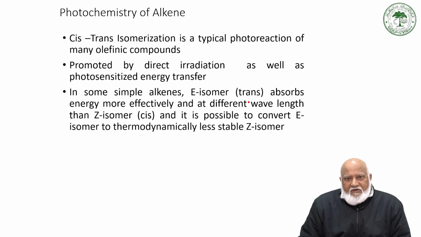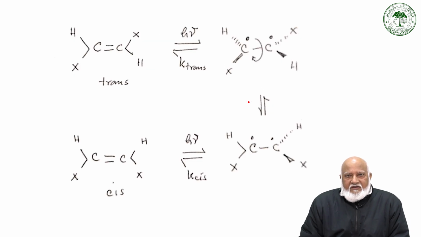So, in some simple alkenes, the E isomer, that is the trans isomer, which is more stable, absorbs at a different wavelength, and hence it is possible to convert the more stable E isomer to the less stable Z isomer. And in the coming few slides, I am going to concentrate on the photochemical reactions of a few representative organic compounds.